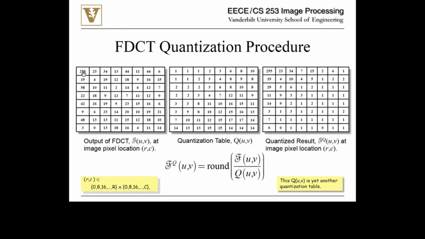When you complete the rounding, you are dividing 255 by 1, and you round 255. 23 divided by 1, and you round 3. So all these three numbers stay the same. 13 divided by 2, and you have to round. It is 6.5, and it is rounded up to 7, and so on.